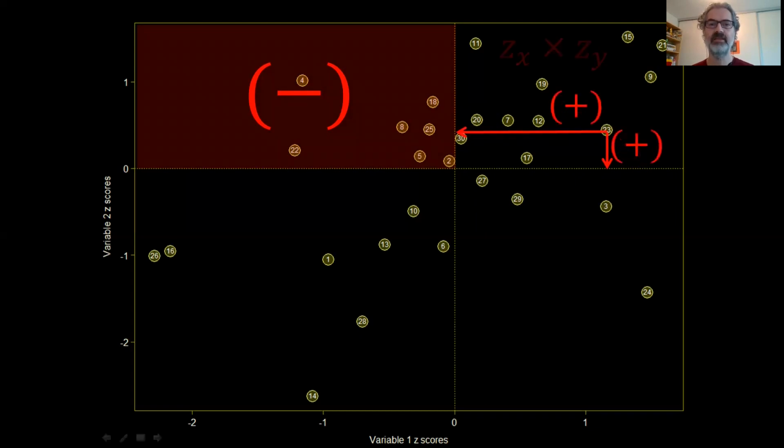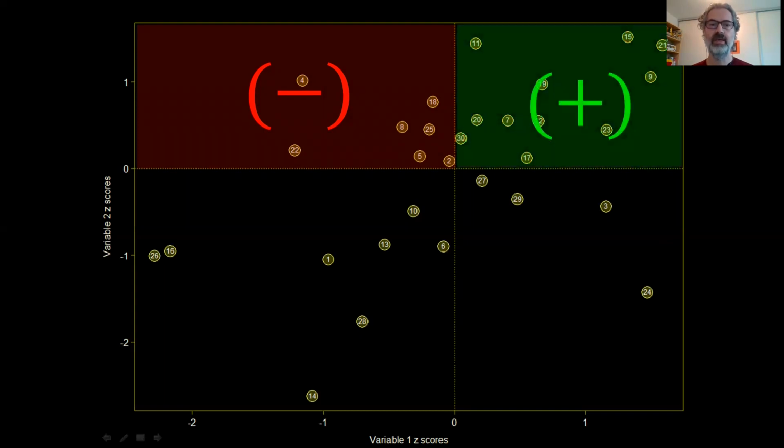If we multiply these two z-scores together, the product of two positive numbers is always a positive number. Plus times plus equals plus. And the same will be true for all of these 11 data points in the top right quadrant. So the product of the two z-scores for the two variables for all of these points will be a positive number in this quadrant.